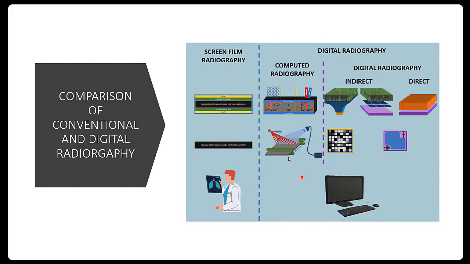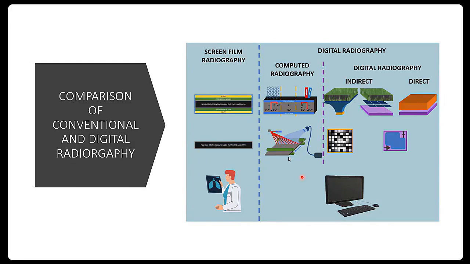Then we talked about direct and indirect digital radiography, in which there were two types: direct conversion and indirect conversion. Okay, we use PSP plates in computed radiography, right? Like that, what we use in digital radiography is flat panel detectors. It is the common name of detectors in digital radiography.